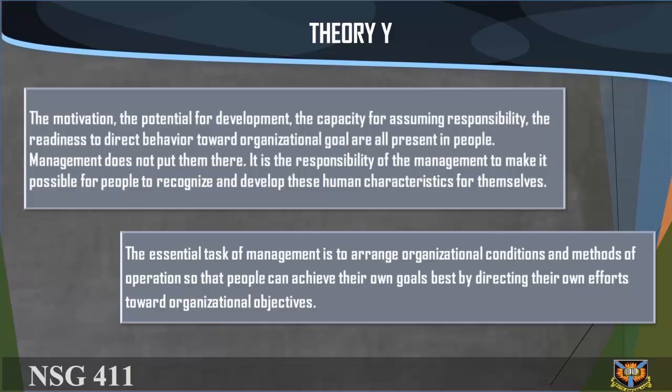It is the responsibility of management to make it possible for people to recognize and develop these human characteristics for themselves. 4. The essential task of management is to arrange organizational conditions and methods of operation so that people can achieve their own goals best by directing their own efforts towards organizational objectives.